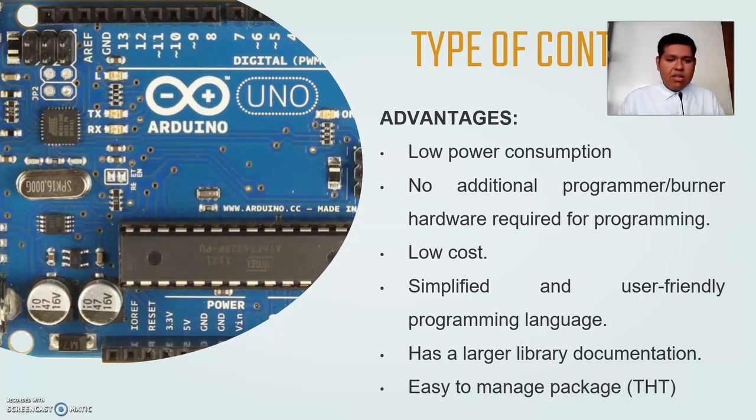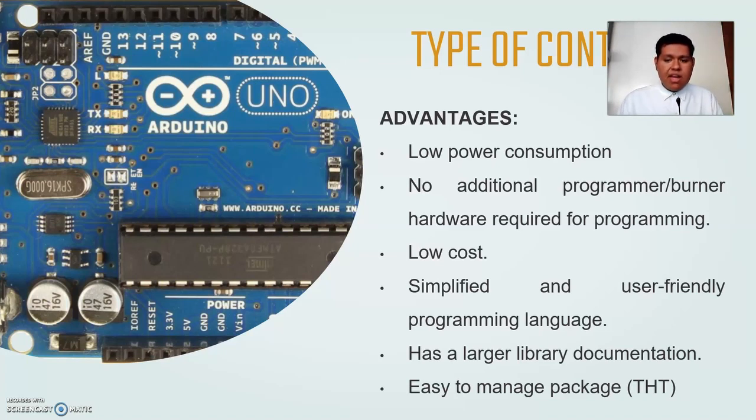It also has analog pins with 10 bits resolution, which is equal to 1024 steps, which is precise enough to choose correctly the time for the timer function. It also has other advantages, such as the low power consumption, that it does not require an additional programmer or burner to program it. There is also low cost.